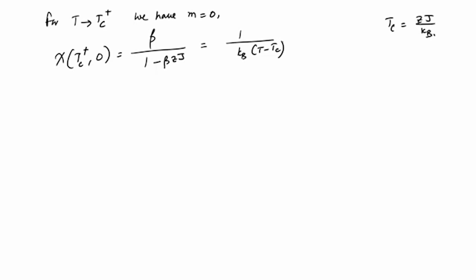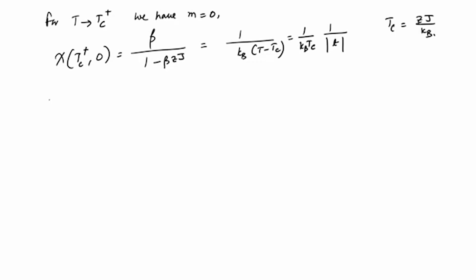This is nothing but equal to 1 over k T c and 1 over t, where t is the reduced temperature. So, this is the form for the susceptibility above the critical temperature or the ordering temperature.